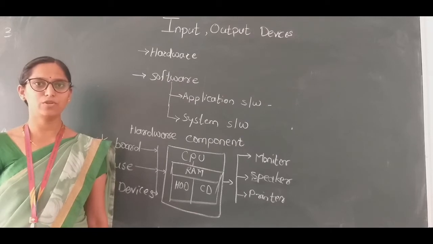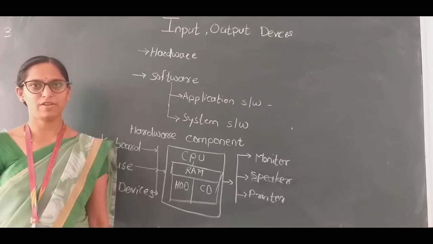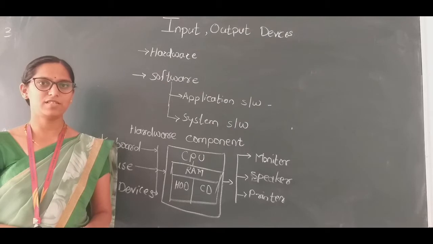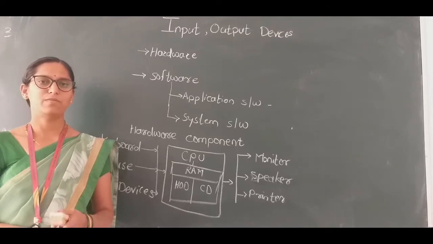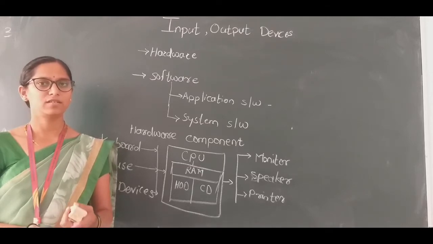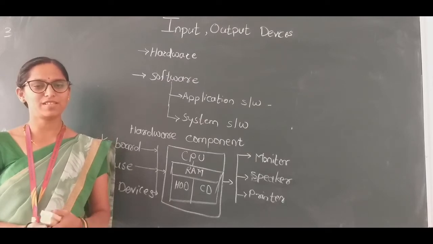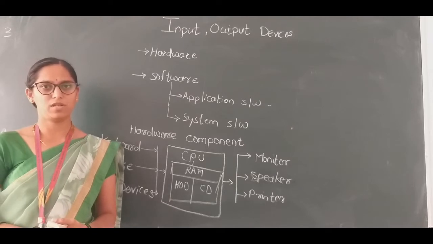Input is when a user can assign instructions through different devices. Which devices? Those are the ones used, like the keyboard, mouse, etc. Using those input devices, users can assign different inputs for processing.